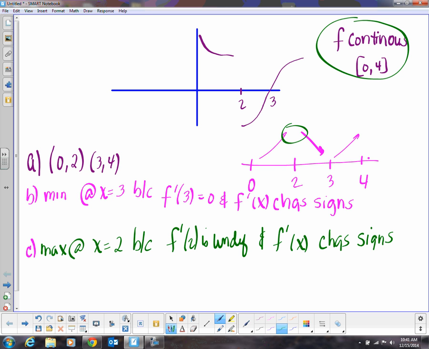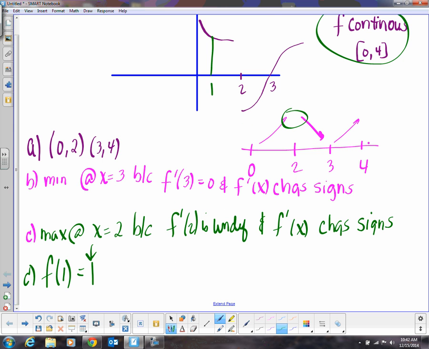Now, D says if f of 1 is equal to 1, you are to use your answers to A, B, and C to sketch the graph just from 1 to 4. Okay? So this is a derivative, correct? Let's talk about 0 to 1. We know the graph is increasing. And what kind of concavity?